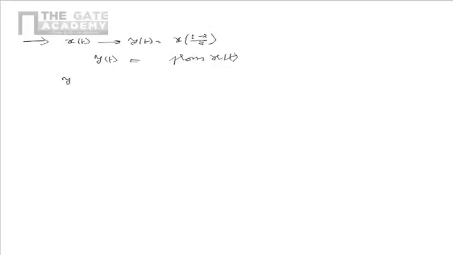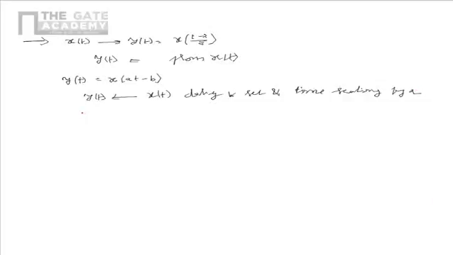We know that if any signal y of t is a derived version of x of t as x of at minus b, y of t is obtained from x of t by delaying x of t by b seconds and time scaling by a.